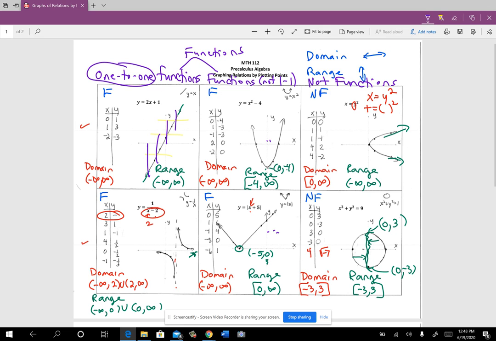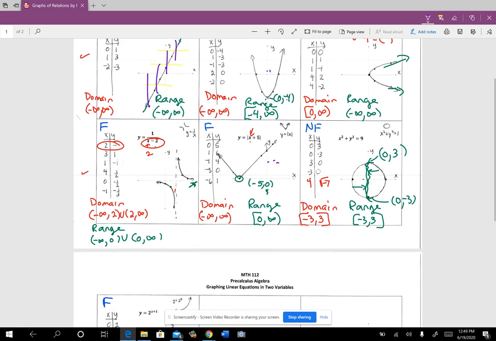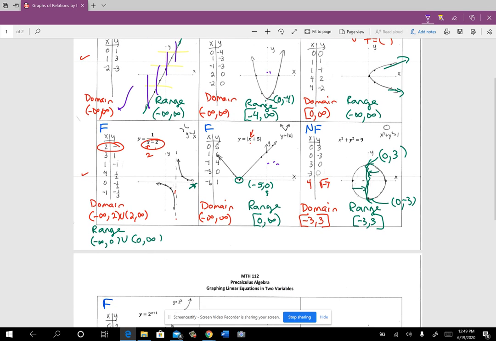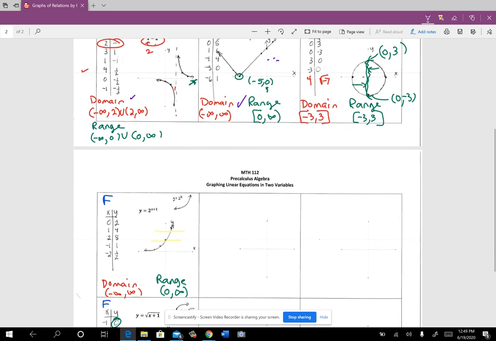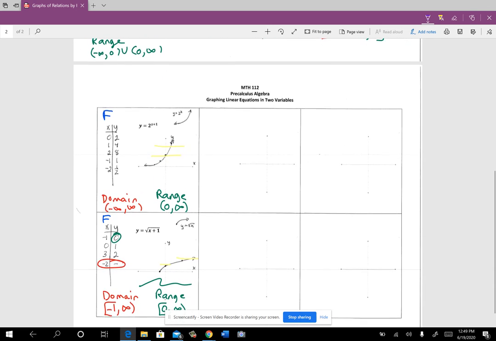All right, and then one other misconception a lot of students hang on to for a while is that domain determines whether it's a function. Those are completely separate ideas. So notice that our functions can have a domain that's all real numbers, like we had here, here, and here, but your domain might have a missing value, okay?